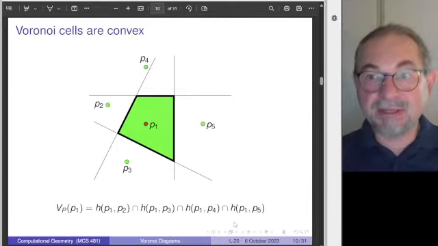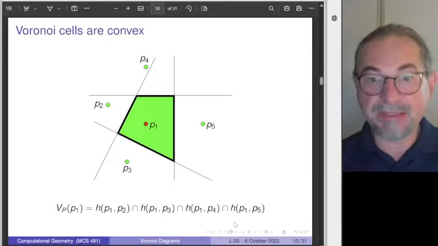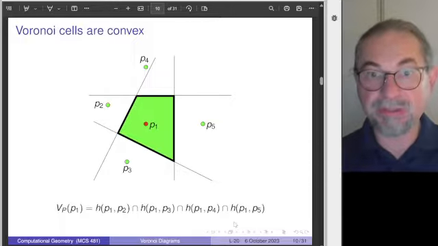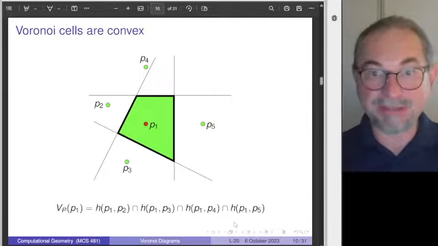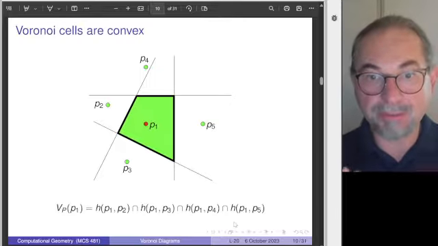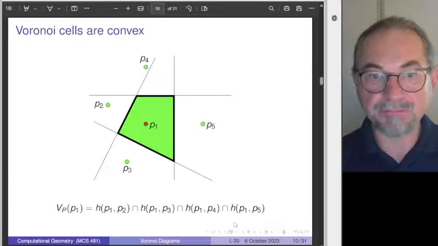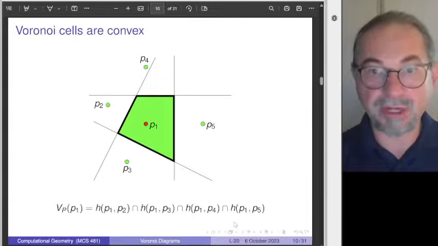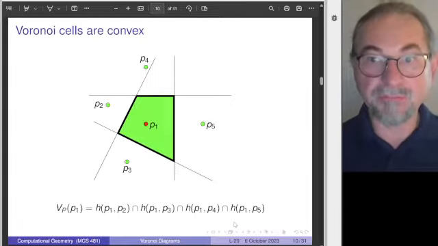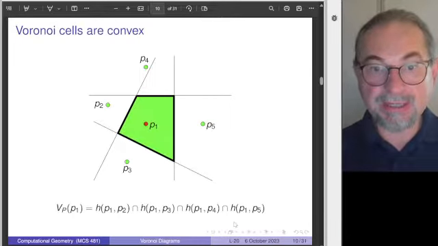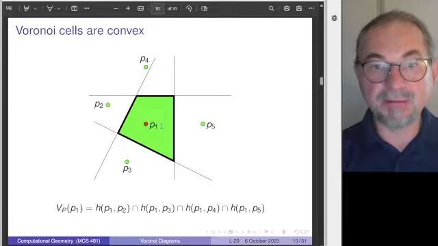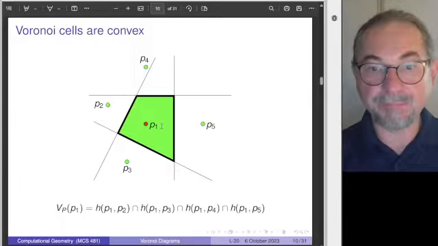Here is the consequence of the half planes. And also, in some sense, if you have few points, you just draw all your bisectors. So here I drew all the bisectors for P1 with respect to the 4 other points. So the Voronoi cell for P1, the first point, is defined by the intersection of the half planes.